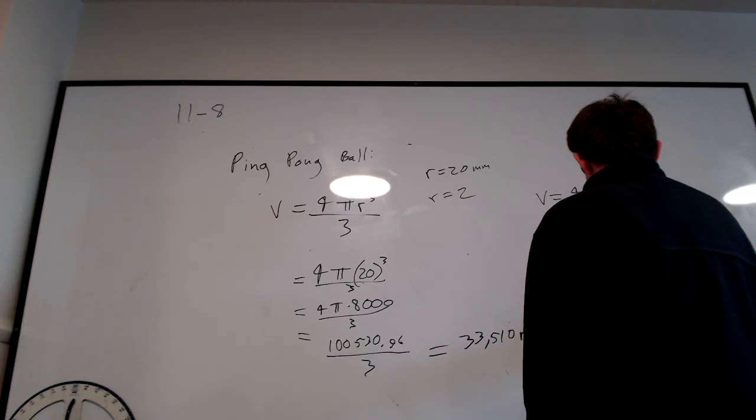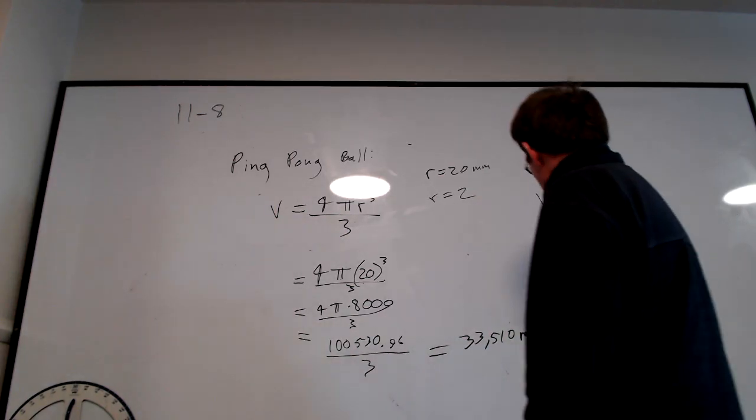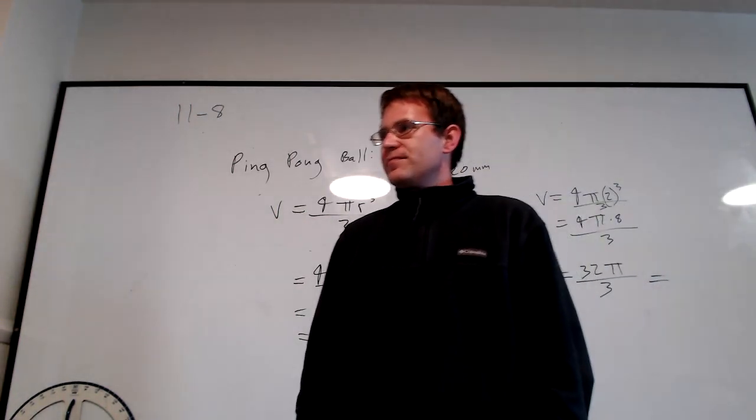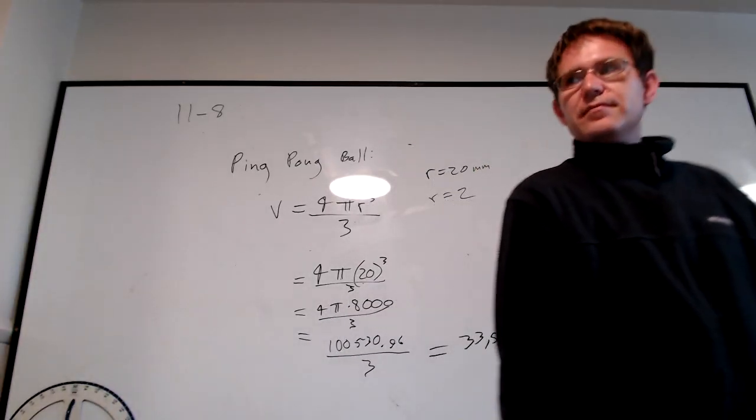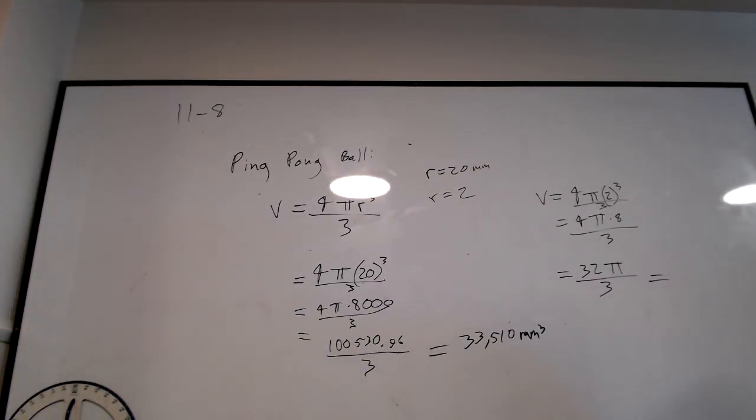Have one of them get that answer. Hey Lil, get that answer for us. Just the top, or are we still dividing? Go ahead and do the whole thing. 2.09. No, try that again. 32 times pi.